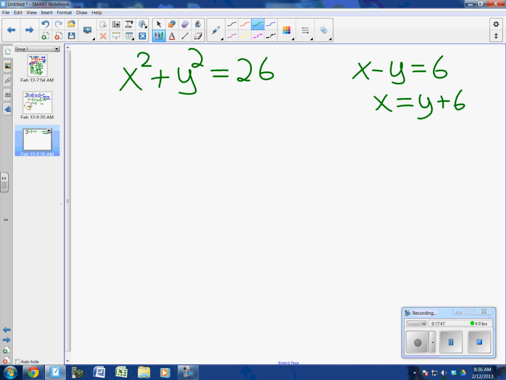Oh, the only reason I showed you last time how to do it graphically is so you could see a picture of it. You don't have to do it graphically. You only have to do it algebraically. Say that again? Because these guys chose to do it that way. You can substitute for x instead of y if you want to. If I got y on this side minus 6, I would be substituting.